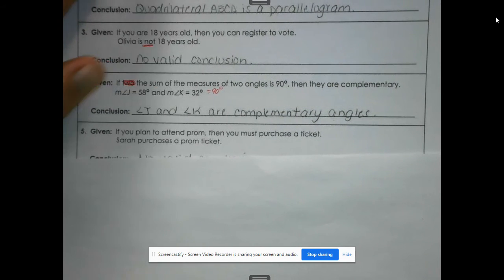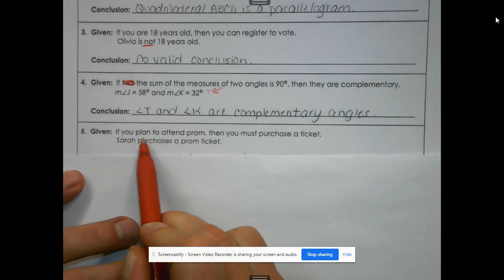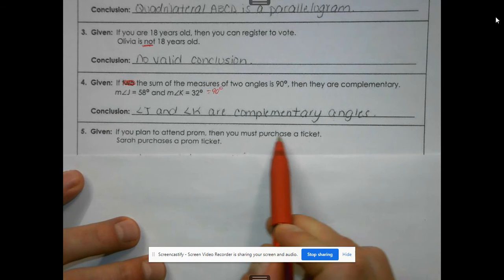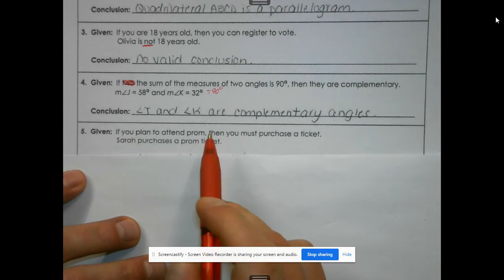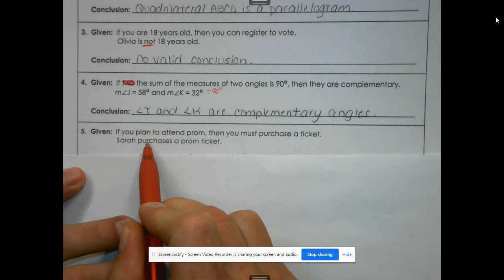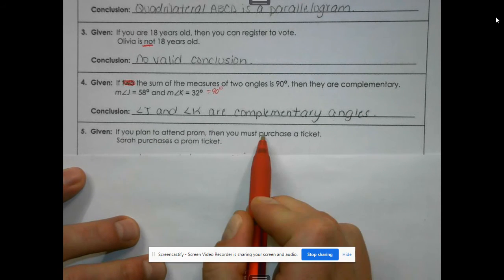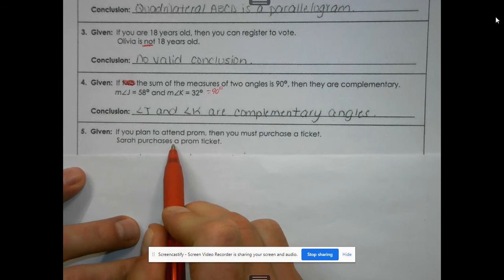Number 5. If you plan to attend prom, then you must purchase a ticket. Sarah purchases a prom ticket. Wait a minute. If Sarah attended prom, then I could say she purchased a ticket, but I can't just start with this one. This one has no valid conclusion.